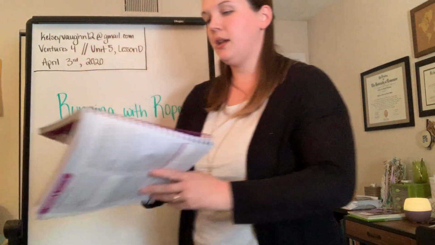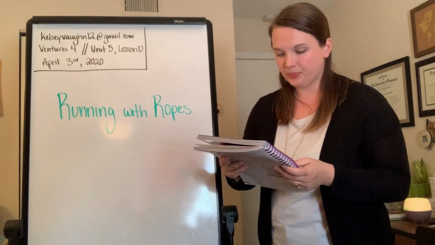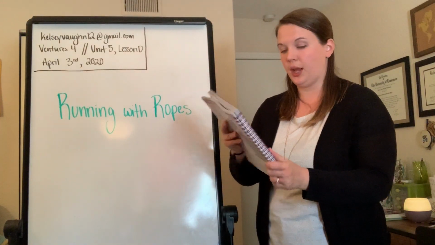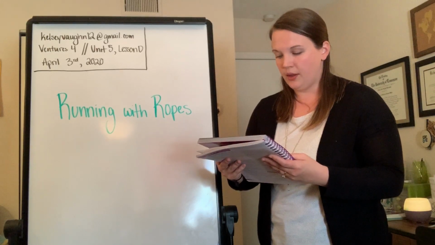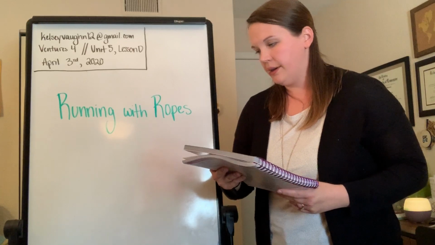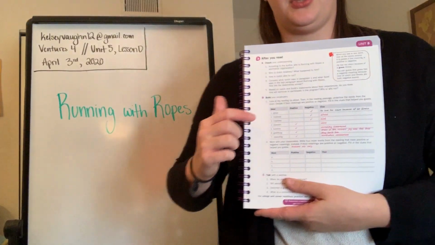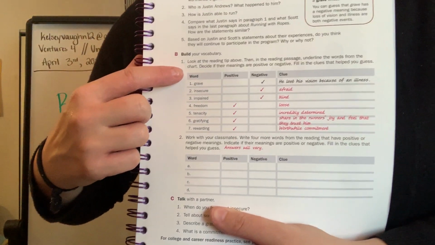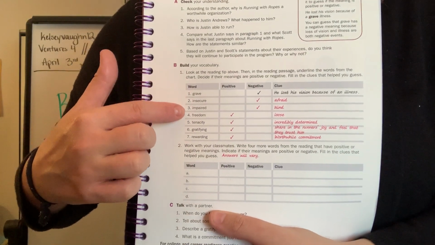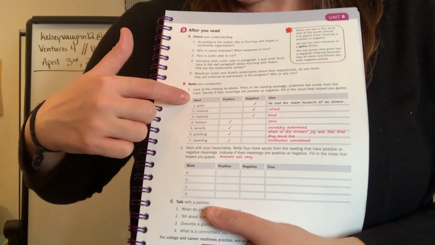So you'll see, look back at 3B, where it says build your vocabulary. And you'll see the words on the chart here. I'll just show this to you. These words under where it says word.